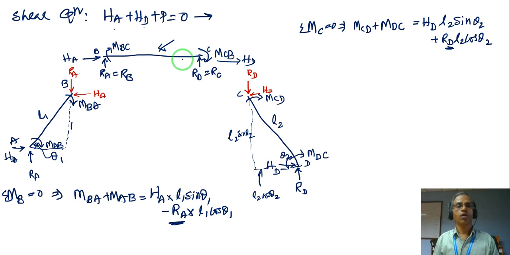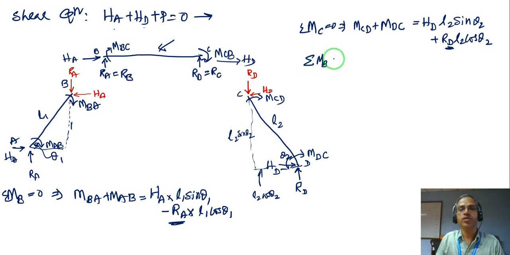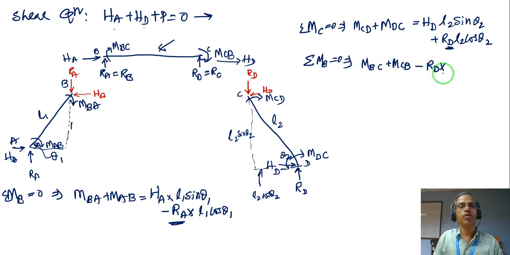Now taking moment of this member BC at point B, moment at point B is equal to 0. So I am going to get MBC clockwise plus MCB clockwise minus RD into the length of the member BC. Let us say the BC member length is L, so into L, equal to 0.